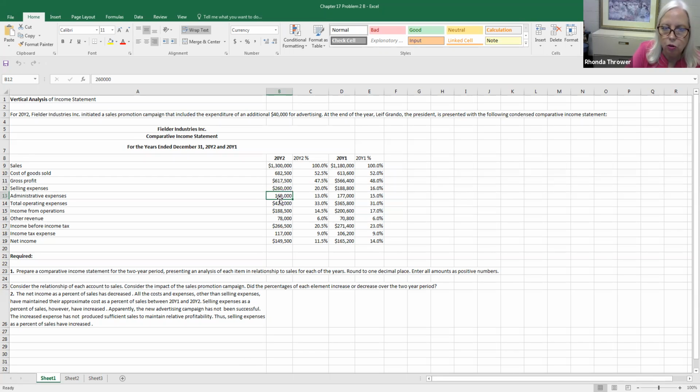Take your administrative expenses, divide them by your sales, and that will give you the percentage for vertical analysis of your administrative expenses to the sales. So again, we're just taking each amount and dividing it by the sales, and each one of the line items is divided by sales.